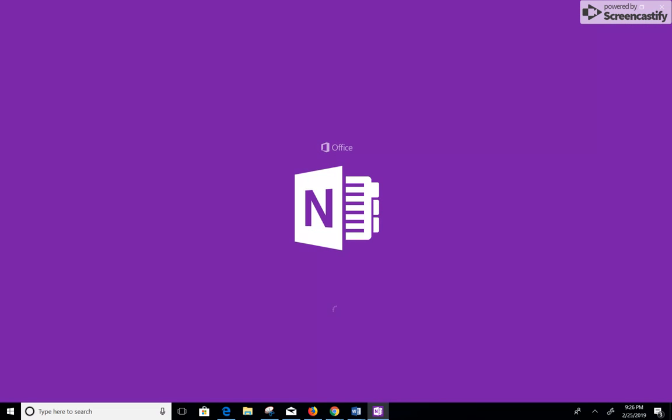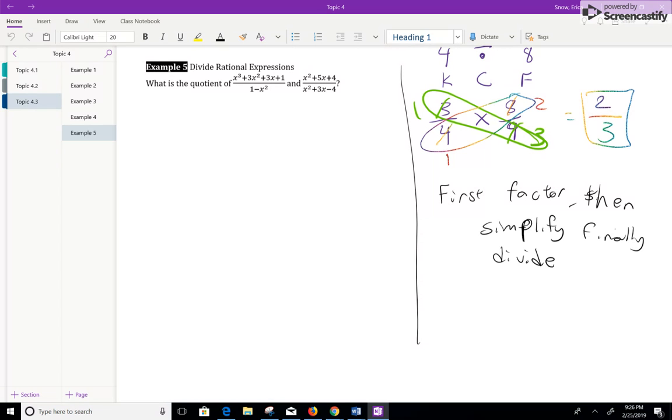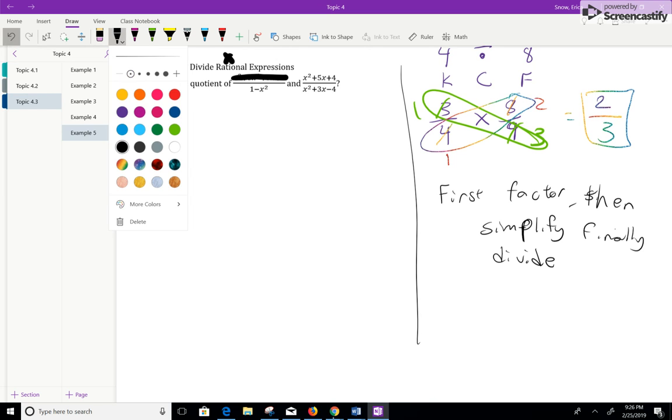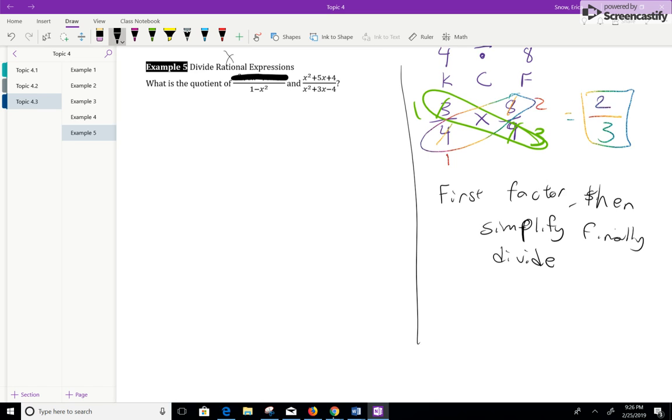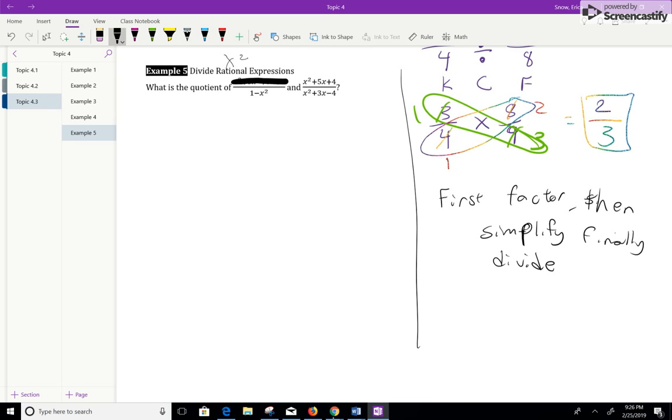You need to rewrite this problem in your notes as that top expression is going to be x squared plus 4x plus 3.